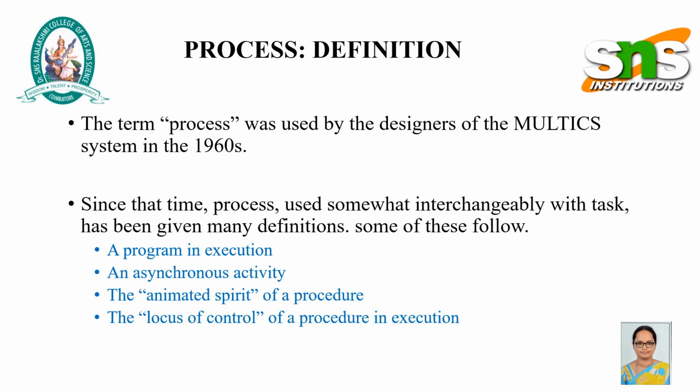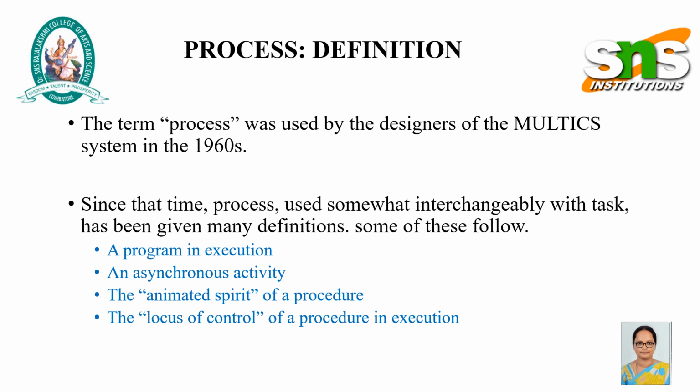The term process was used by the designers of the Multics system in the 1960s. Since that time, process, used somewhat interchangeably with task, has been given many definitions. Some of these follow: a program in execution, an asynchronous activity, the animated spirit of a procedure, the locus of control of a procedure in execution.